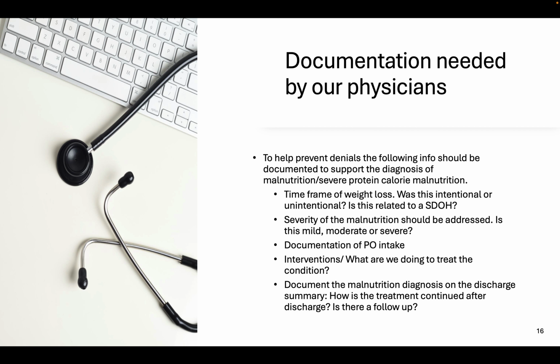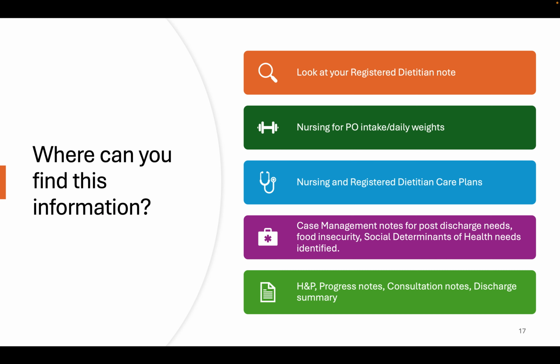And how is the treatment continued after discharge? Is there a follow-up? We want the PCP to help follow up on these patients so they're not readmitted. Where can you find this information? Again, we can look at the registered dietitian notes, our nursing notes, our PO, I's, and O's. There should be daily weights.